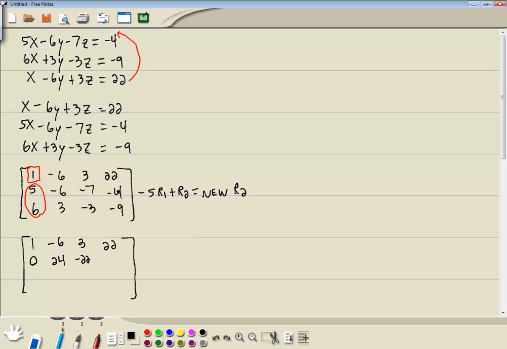And -5 times 22, I'll plug this in my calculator here. -5 times 22 plus a -4 is -114. And double check that. Okay.